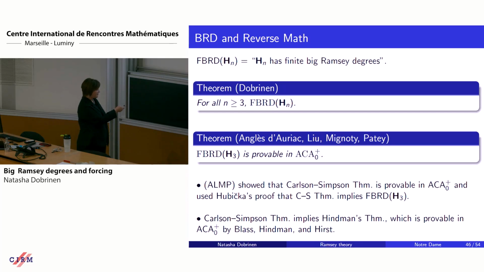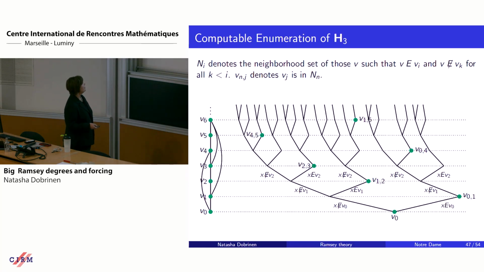Because the only known proofs of Carlson-Simpson, and Carlson-Simpson implies Hindman's theorem, and it's open at this point whether Hindman's theorem is provable from less than ACA naught plus. So you can't get better using this approach, but you can get better using forcing.